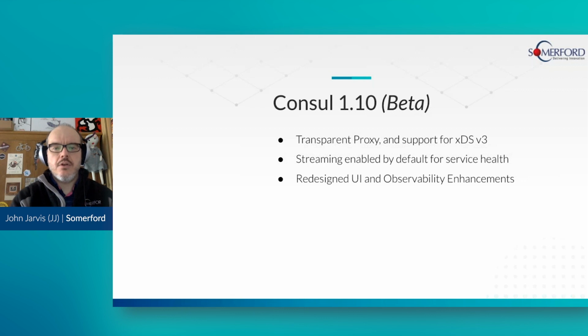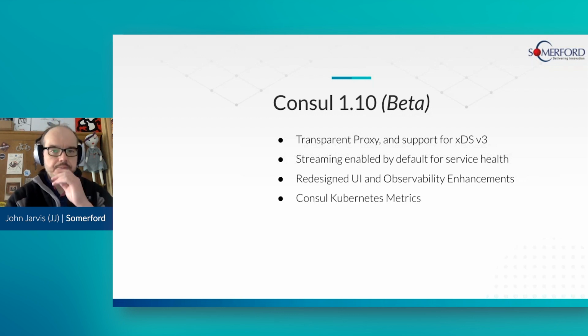In Kubernetes, you can now deploy Prometheus and Grafana through the Consul Helm chart, again integrating with that service visualization UI. Consul agent and Consul gateway metrics can be incorporated in a similar fashion. So there have been some enhancements on that front.